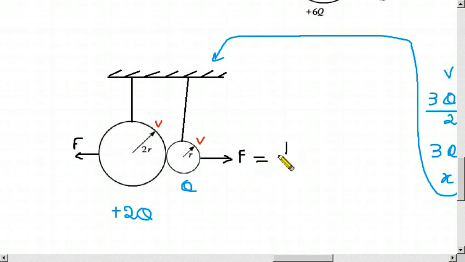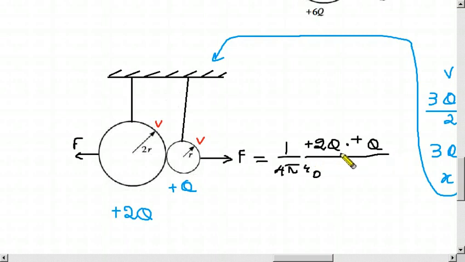Force equals 1 over 4 pi epsilon naught, positive 2q times positive q. You must write the signs of charges in the equation, remember, otherwise you don't get marks. The distance between centers is 3r, so square it, 9r squared.